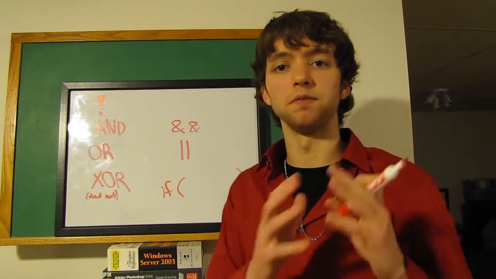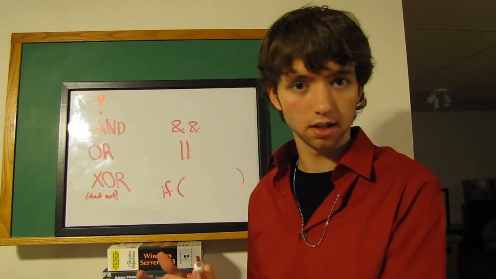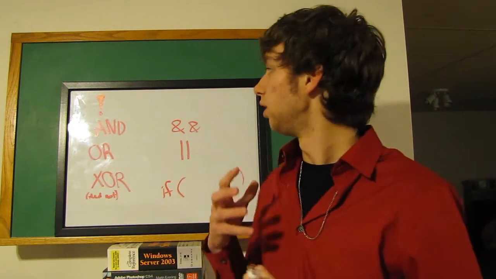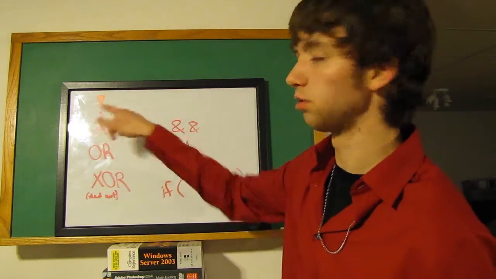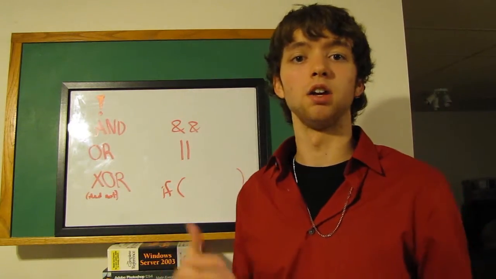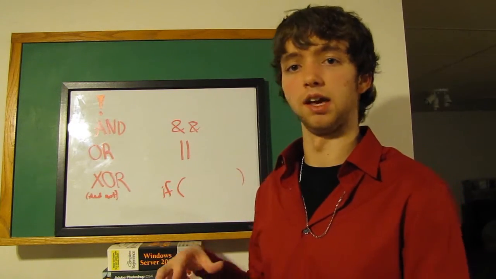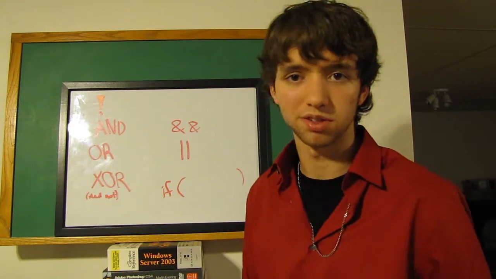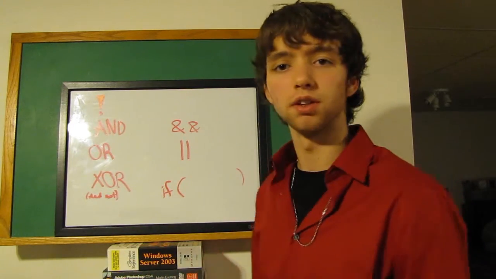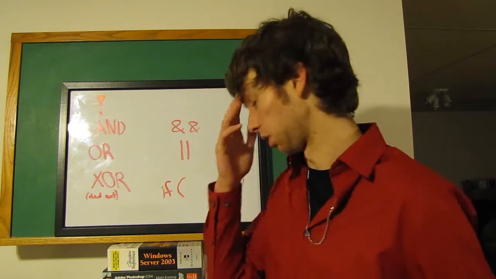So I could say if 5 is greater than variable x, do this. But I can also use a logical operator such as not, which we talked about, and say if 5 is not greater than a variable, do this. Which I could just do less than, but I'm just giving an example. So these things allow us to change exactly how the program's working.